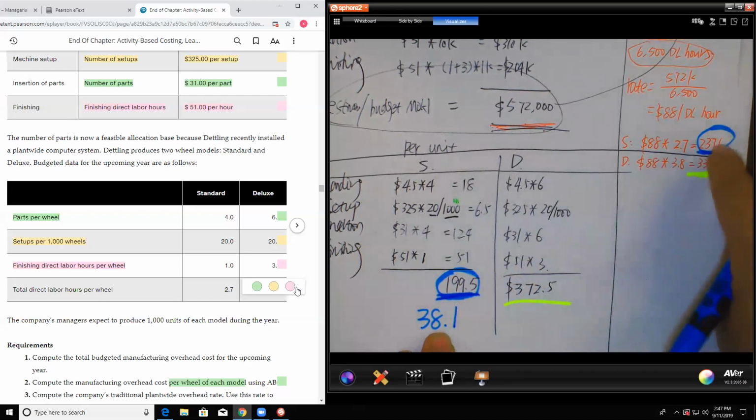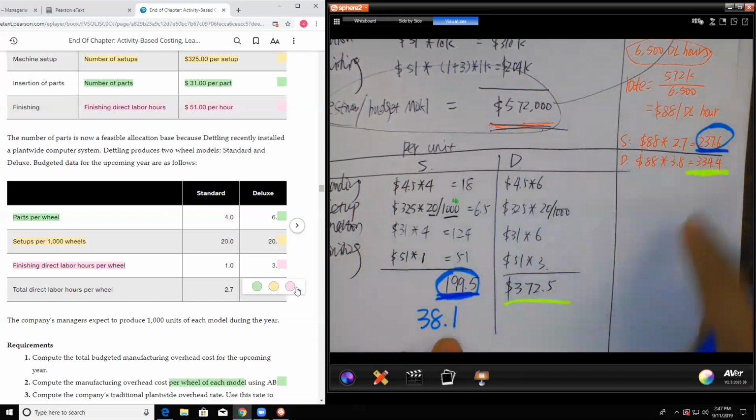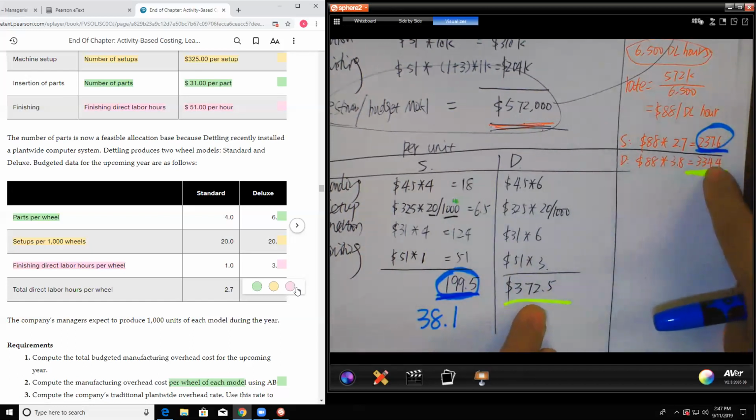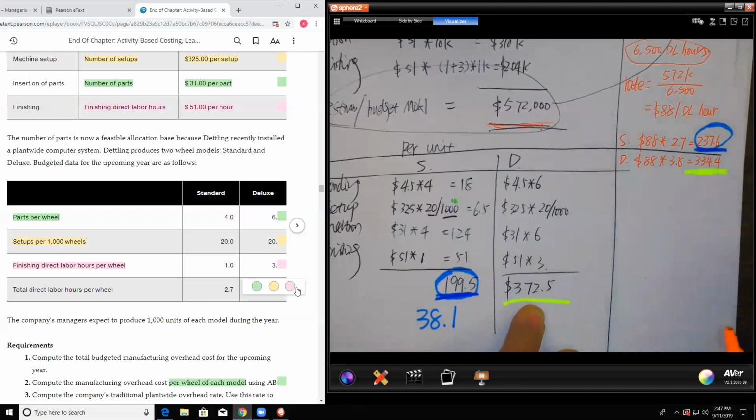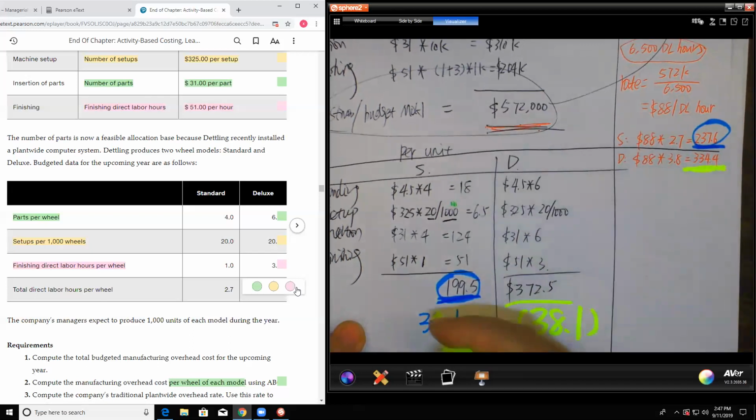Based on the traditional one, you allocated $38.1 more. But for the second product, your traditional is $38.1 less allocated. What I'm trying to say is you over allocated the first product and under allocated your second product by the same amount, so your total difference is 0, because as I said, it's just an allocation.